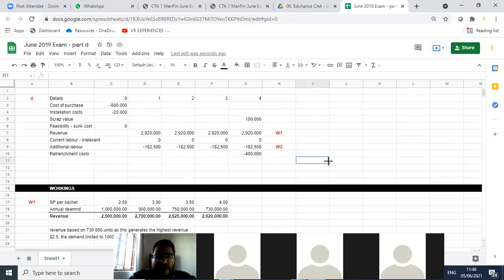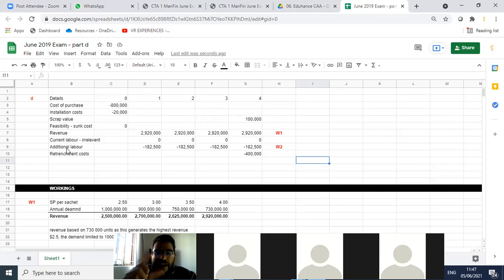You will have a situation where you have spare capacity of labor, and you only take into account labor costs in excess of the spare capacity. In this case, we only need 365,000 hours, yet we have 800,000 hours available. So why are we still taking additional labor into account?